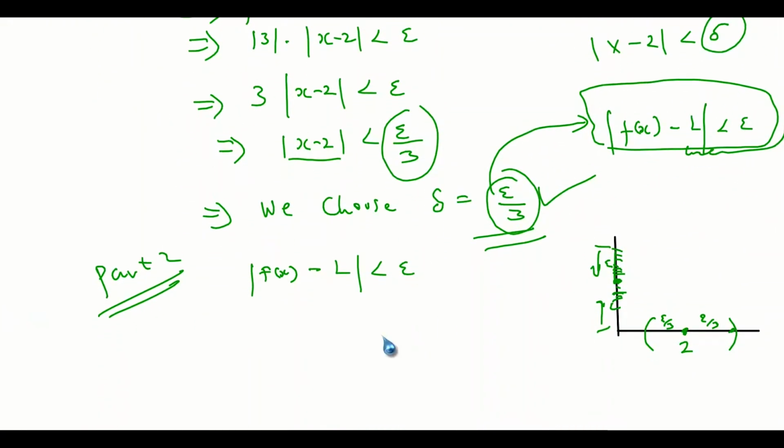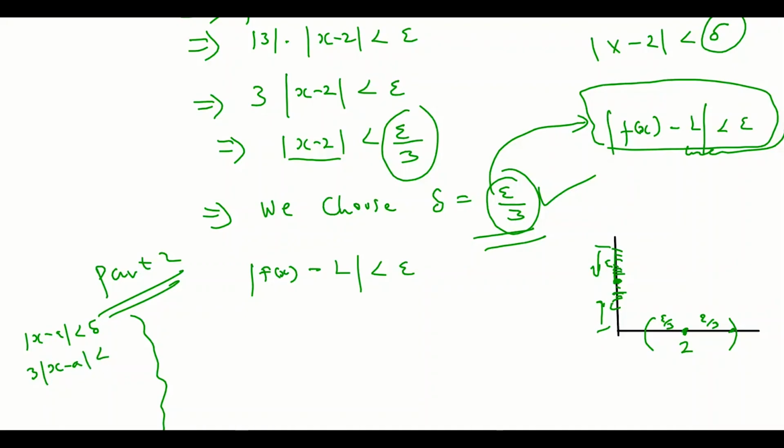So now I'll just do some side work here. So if we say that the absolute value of x minus a is less than delta, okay, so if we have 3 into the absolute value of x minus a, it will be what?